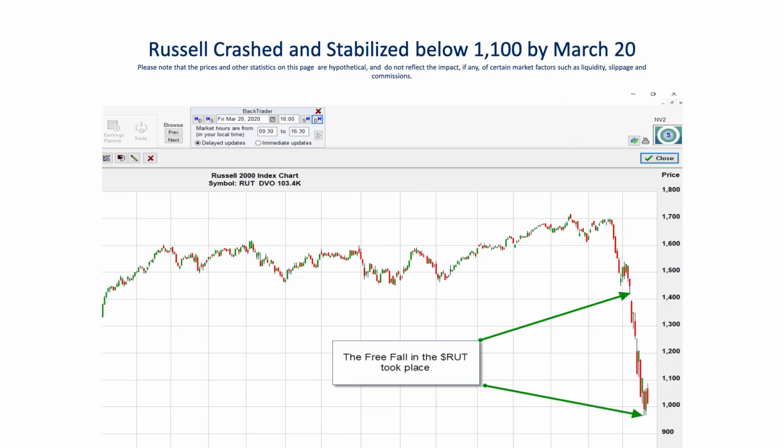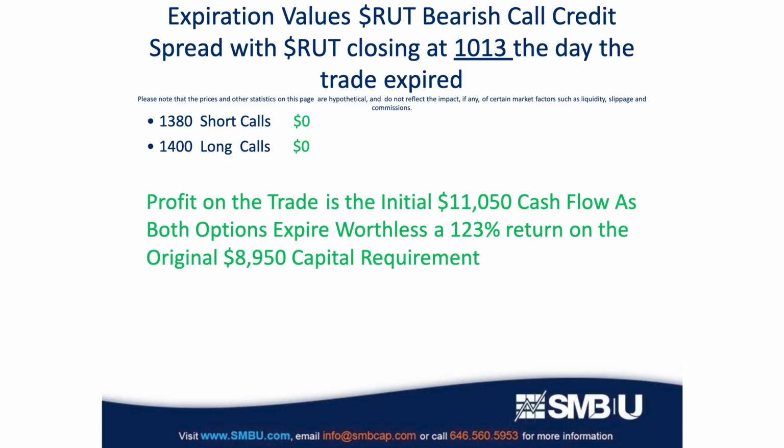And so with this bearish premise in mind, let's move to the day these options expired. And as you can see, the RUT did indeed crash after it cracked support. And by the time these options expired on March 20th, the RUT had dropped all the way down to 1,000. And so with the trade having expired on that day, if we look at the expiration value of the options, we'll see that both the short and the long calls expired worthless because the market had closed at 1,013 on the day that these options expired.